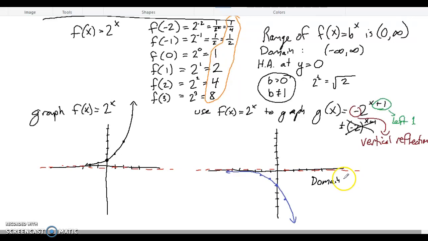Well, no transformations can change the domains. The domain of an exponential function is always negative infinity to infinity. However, its range could change. In this case, it did. The reflection over the x-axis meant I'm no longer going from 0 up to infinity. I'm now going from negative infinity up to 0. So we have a different range.